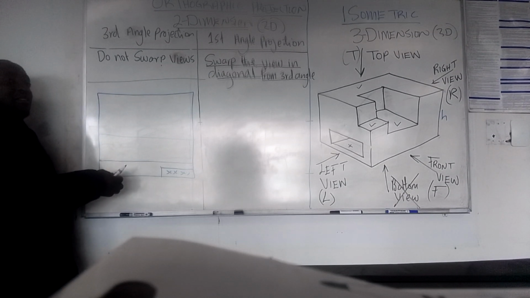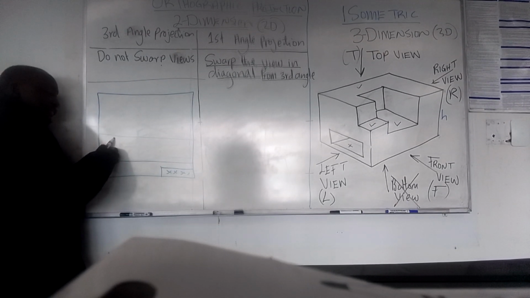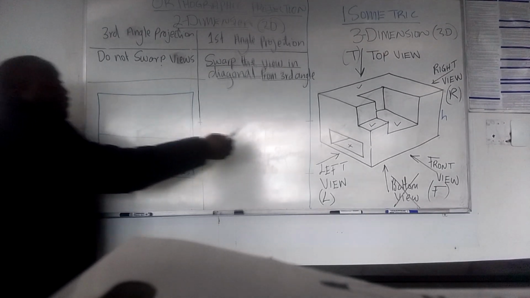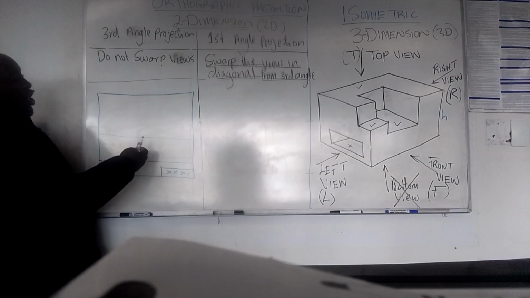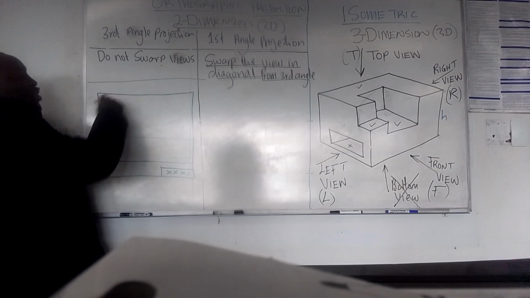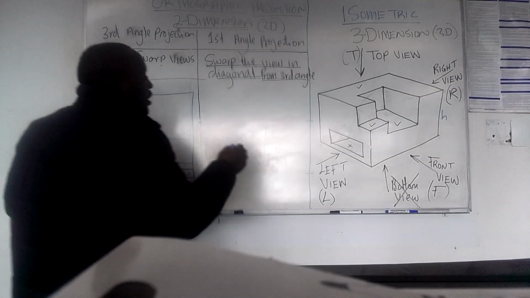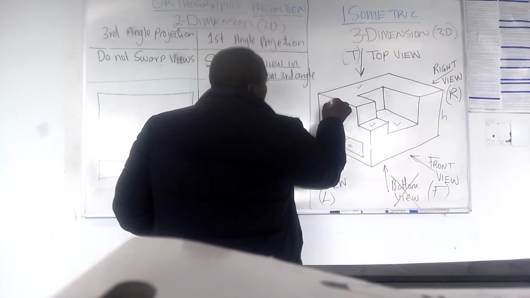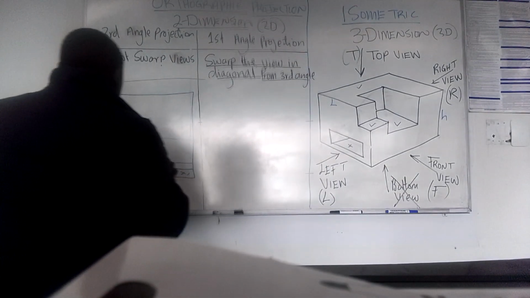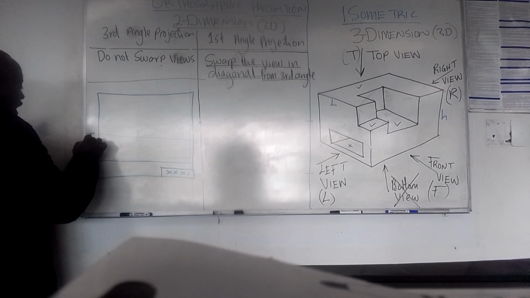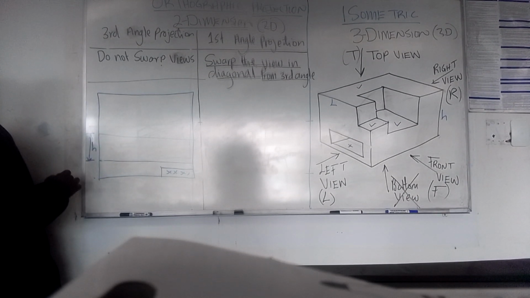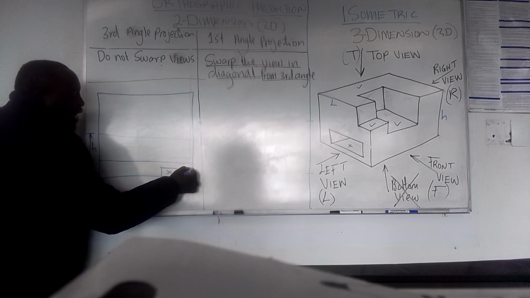Okay, so from there to there, it is the height of your drawing. Then now, I want to draw the height of the top view, which I'll call L. From there to there is your height, H. Now I want L. So you need to measure the distance from there to there.